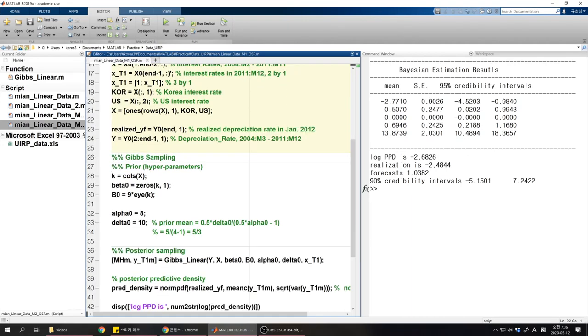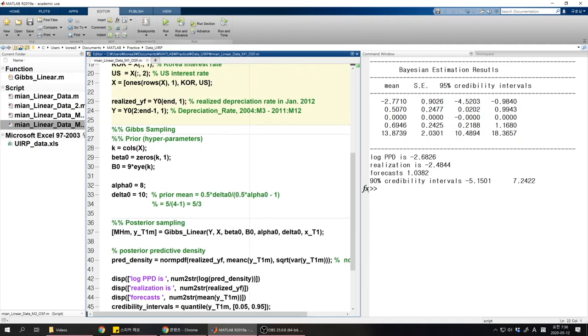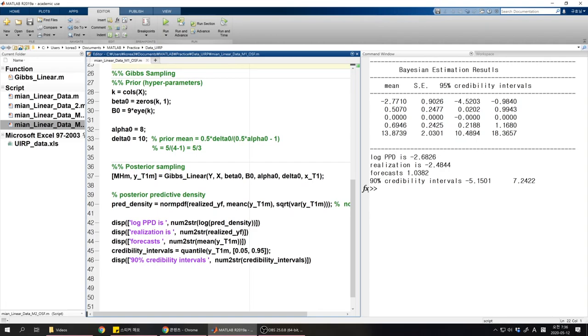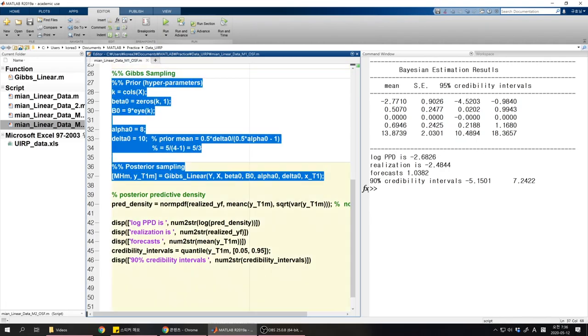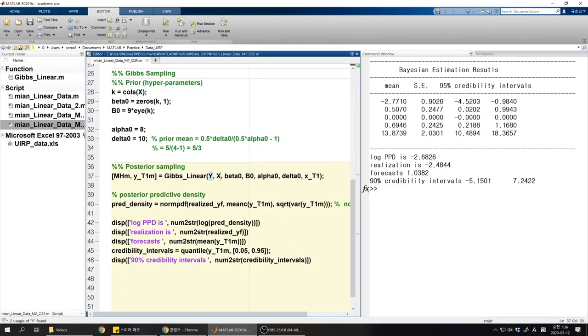Here there is nothing to change. Once y and x, and x at t plus 1, are given, nothing changes in this part. We are not going to change the priors.